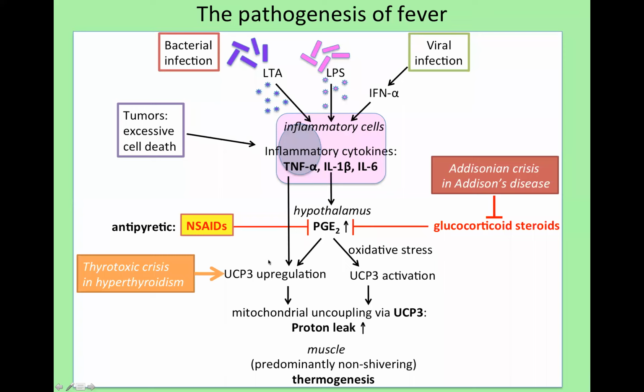The other one is the thyrotoxic crisis or thyroid storm and hypothyroidism. Thyroxine overproduction will upregulate UCP3 and the patients will not tolerate the heat. But this one can also induce very high heat production in the thyroid storm. And since we are below our usual step where we normally interfere with heat production, it's very difficult to interfere with this one.